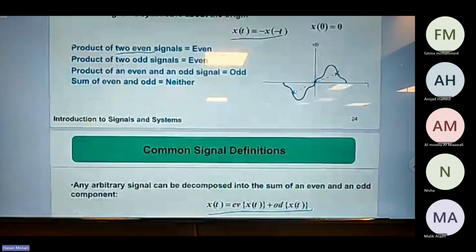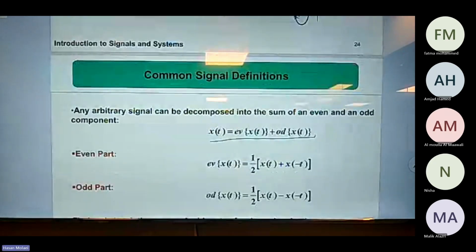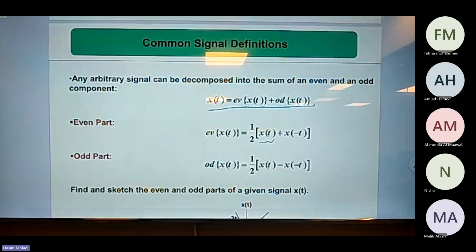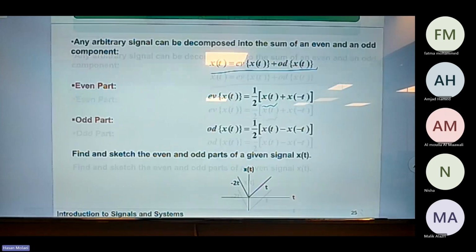The definition of the even part is we add x(t) plus x(minus t) and we multiply the result by half. For the odd part, we take x(t) minus x(minus t). And that's just the definition.